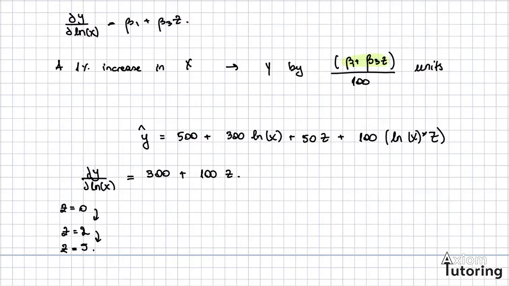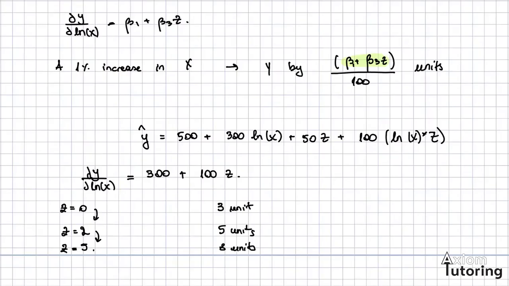So if you do the computations, you're going to get here that y increases by 3 units, 5 units, and 8 units. If you don't get these numbers, it means you might have done something wrong with the calculations. But otherwise, the unit effect of a percentage change in x grows with z.